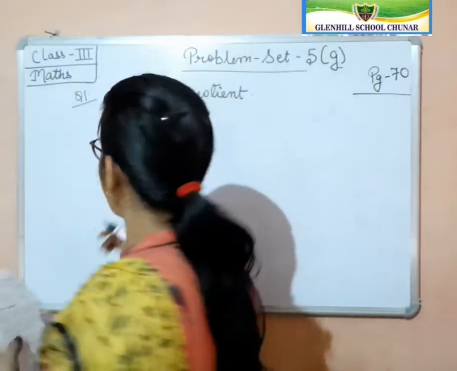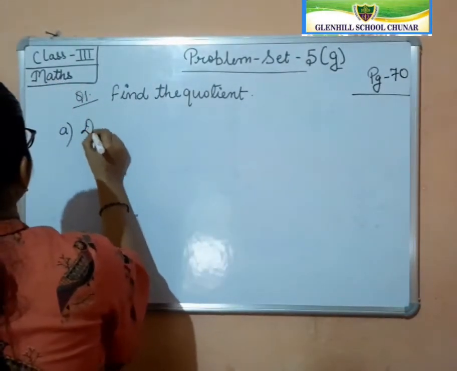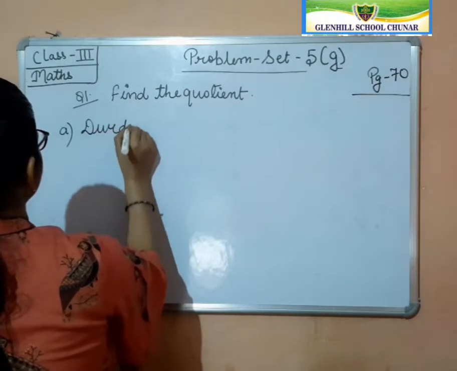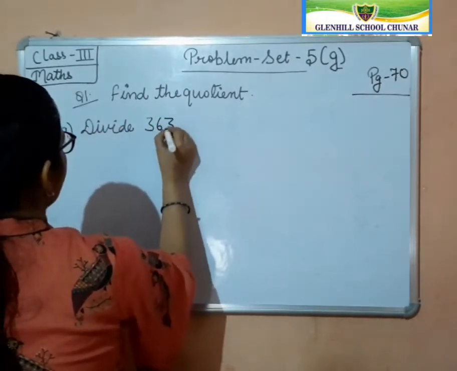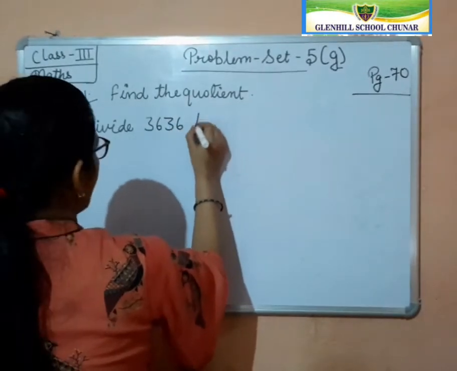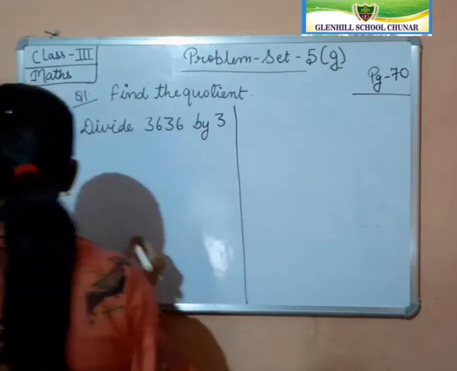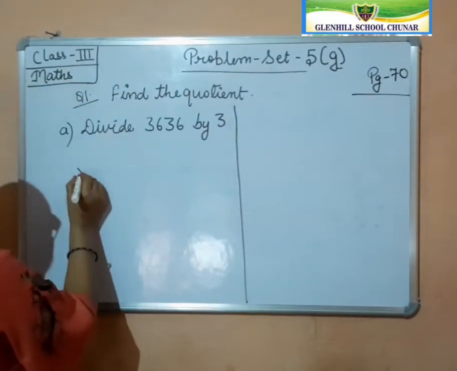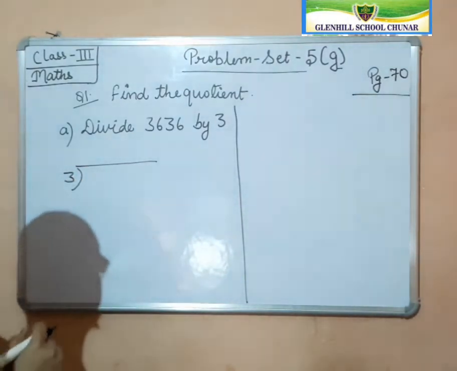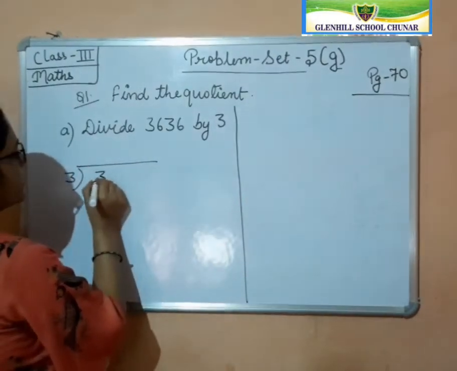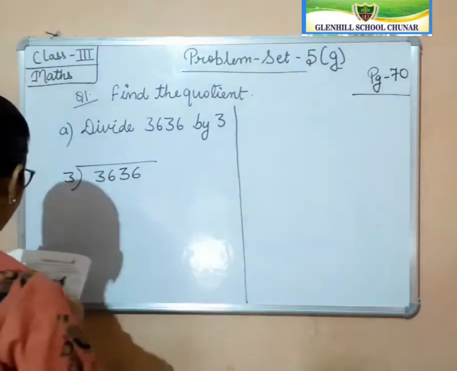Okay, number A, divide 3636 by 3. Now see, 3 I have written here, and 3636 also I have written.